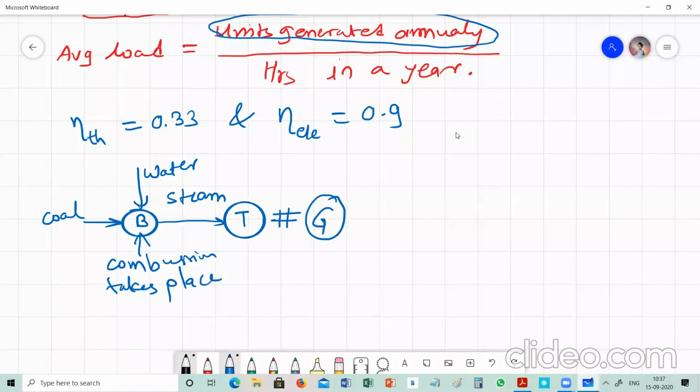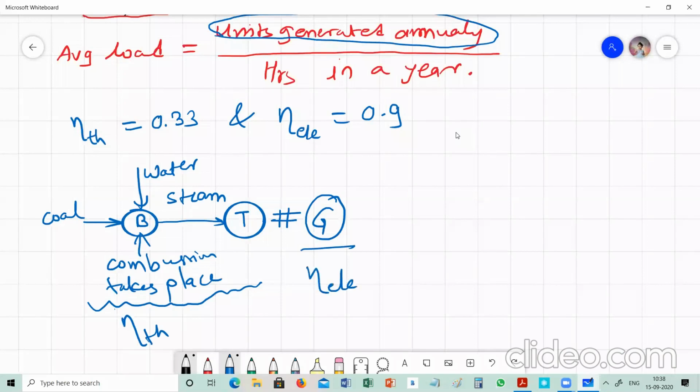Now they have given the efficiency of this part. Thermal efficiency. This is the thermal part, because this part constitutes the heating up of the steam. Its efficiency is eta thermal, and the generator's efficiency is eta electrical.